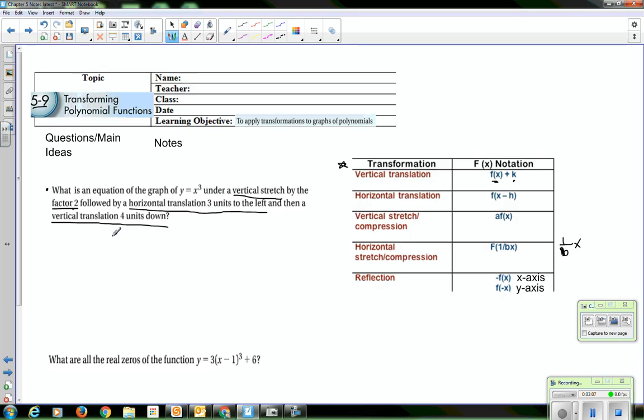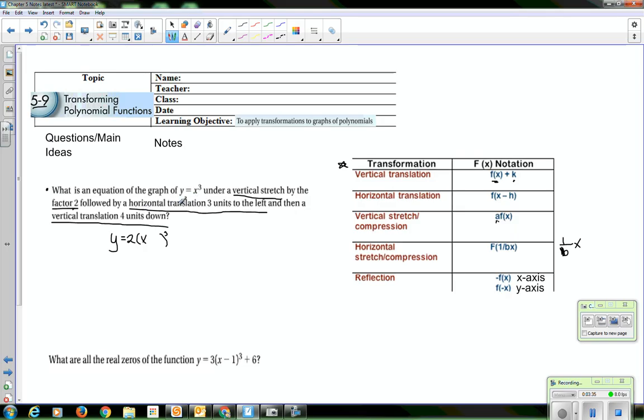So we're going to take our equation, and we're going to start out with x cubed. Our vertical stretch by a factor of 2 will go on the outside, because a vertical stretch is a multiplication on the outside, followed by a horizontal translation.